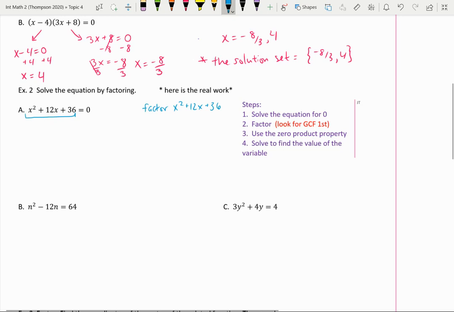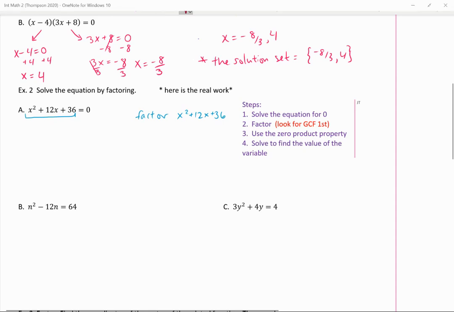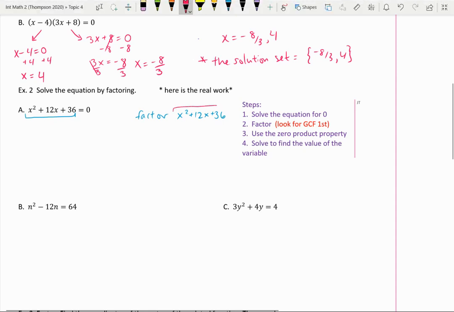So I look for the GCF first. Is there anything I could take out of all 3 terms? No. Then I do product sum. So I multiply A times C. So 1 times 36.